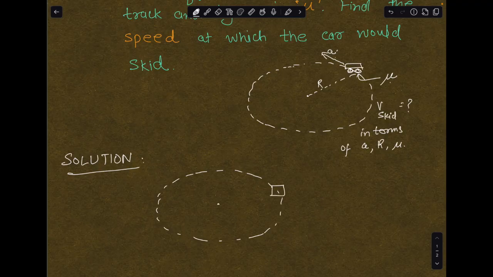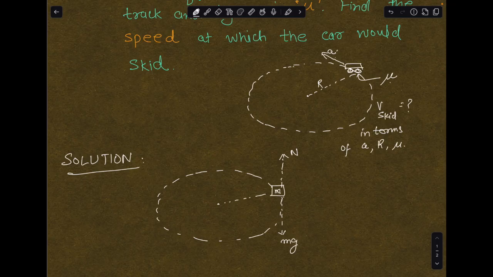Let's say this is the car, and let's assume the mass of the car is m. There is a downward force on the car towards the ground, which is mg. The ground exerts a force on the car, normal reaction n.